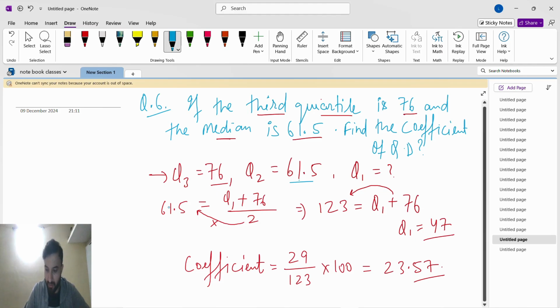So Q1 is 123 minus 76, so 47. Okay, that is where the student made the mistake. Fine, no worries, it happens, guys. So Q3 minus Q1 is 76 minus 47, which is 29, and Q3 plus Q1 is 76 plus 47, which is 123. Then 29 divided by 123 into 100 is 23.57. Yes, that's correct.